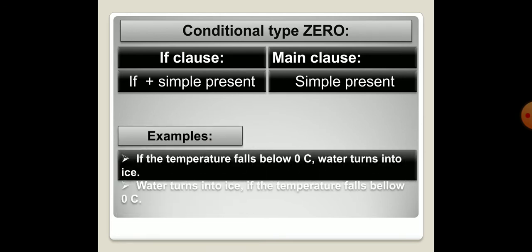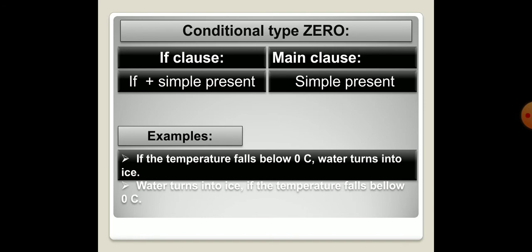If the temperature falls below 0 Celsius, water turns into ice. Okay, right. So, always, if the temperature is below zero, water becomes ice. This is a general fact or a scientific fact.